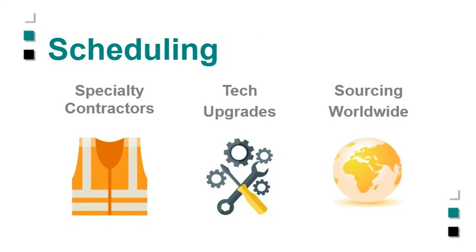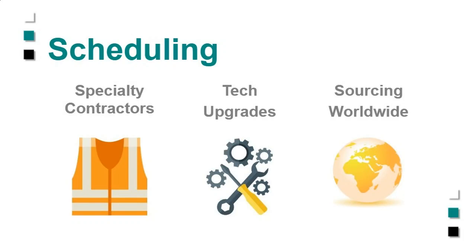We also have lots of specialty contractors more and more, with the more technology that we're installing. And as I mentioned, getting things from all around the world means that we have to really manage those schedules even more tightly.